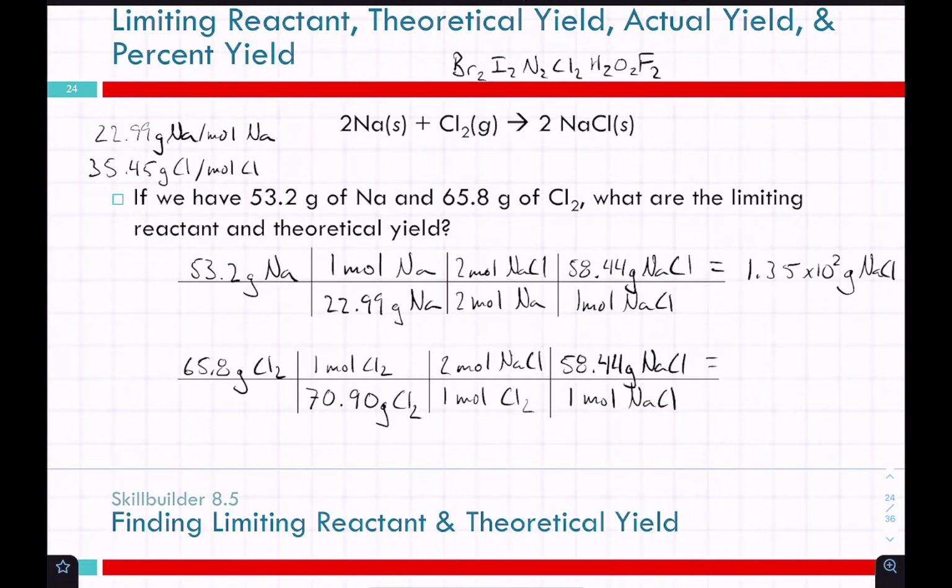So we'll start with 65.8 times 2 times 58.44 divided by 70.9. And that's going to be 1.08 times 10 to the 2 grams of sodium chloride.